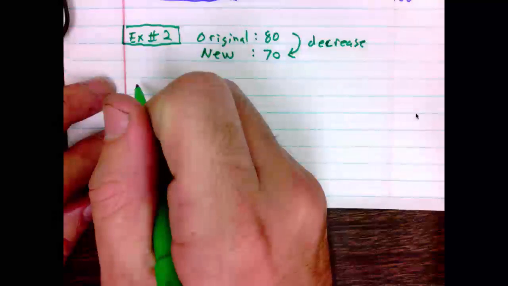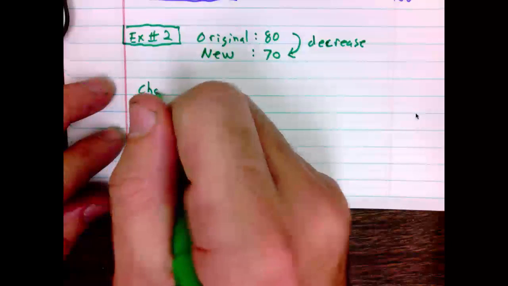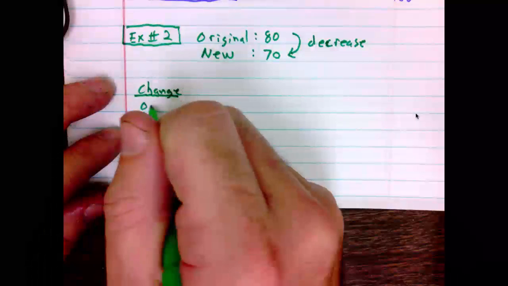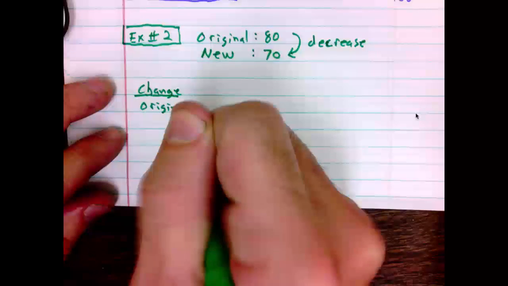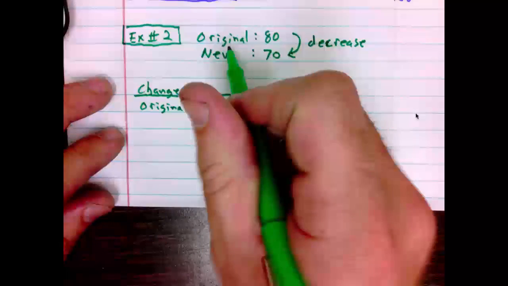Okay, back to our proportion. Percent change will be equal to the change divided by the original. In our case, the original is 80.